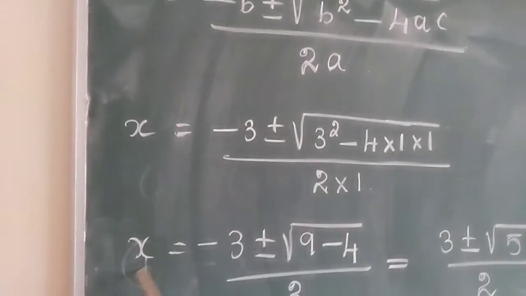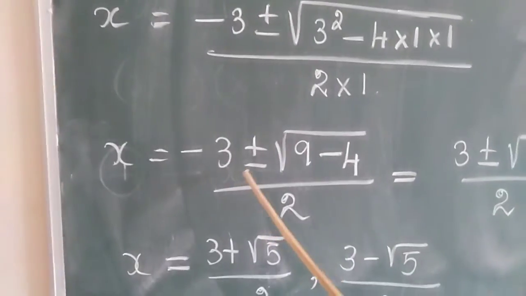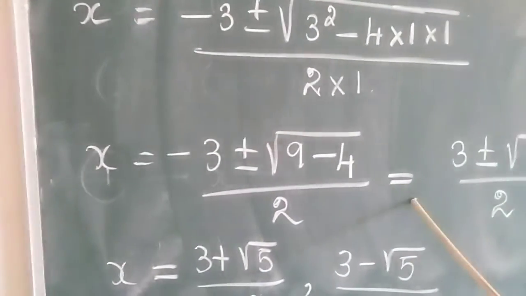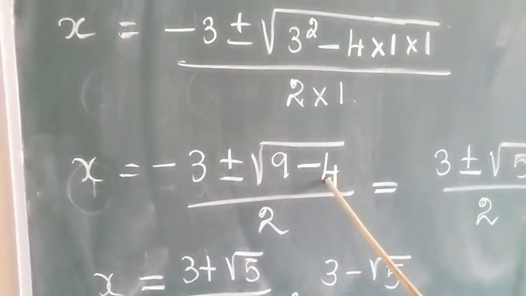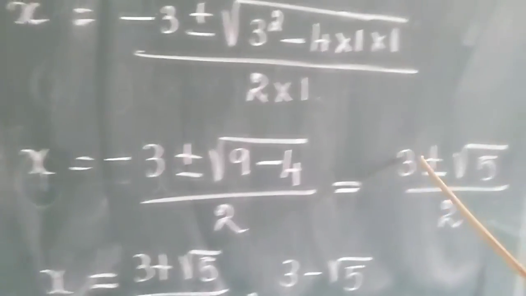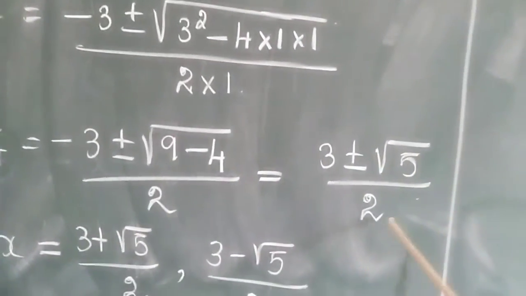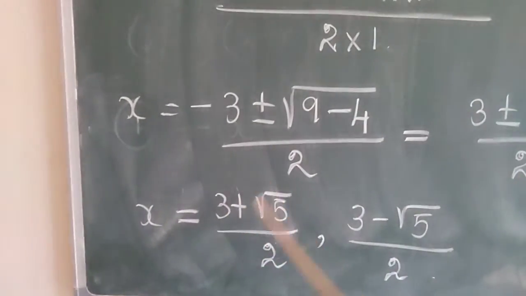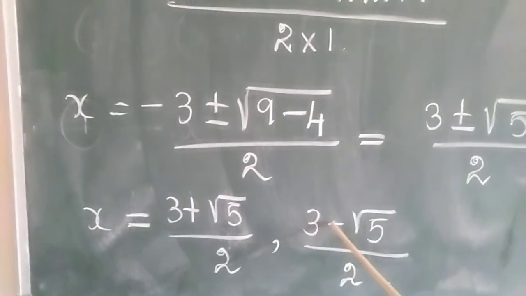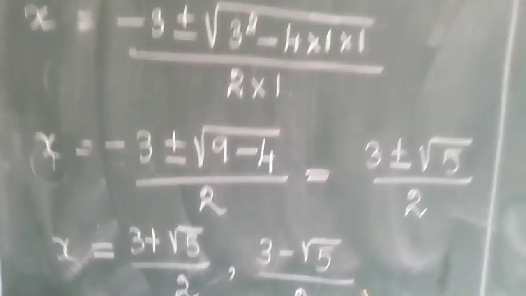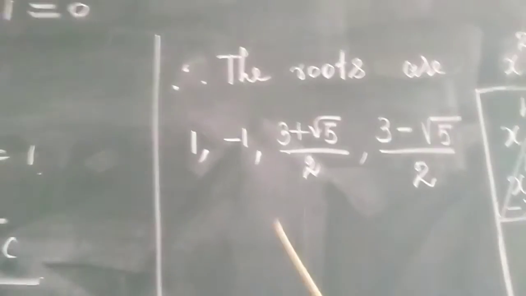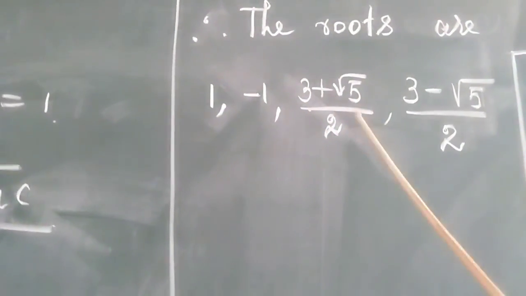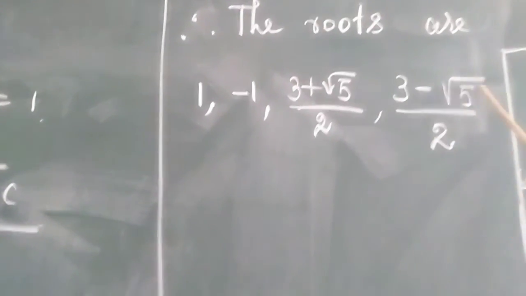That is equal to minus 3 plus or minus square root of 9 minus 4 divided by 2. If you subtract 9 minus 4, we get 5. So minus 3 plus or minus root 5 divided by 2. Now we can write x equal to minus 3 plus root 5 by 2 and minus 3 minus root 5 by 2. Therefore the roots are 1, minus 1, minus 3 plus root 5 by 2 and minus 3 minus root 5 by 2.